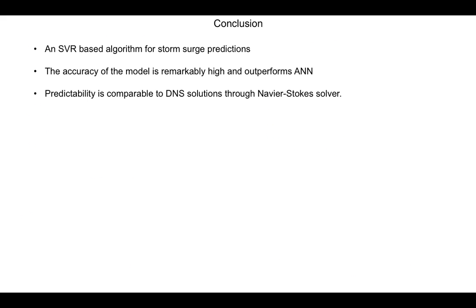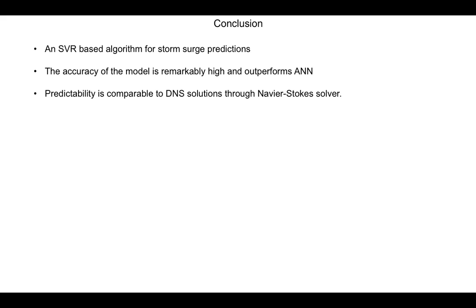In conclusion, this paper implements a new support vector-based regression algorithm to predict water rise levels, which is essentially a storm surge problem. It shows us the accuracy of the model is remarkably high and is often better than previous literatures that have reported neural network-based predictions.